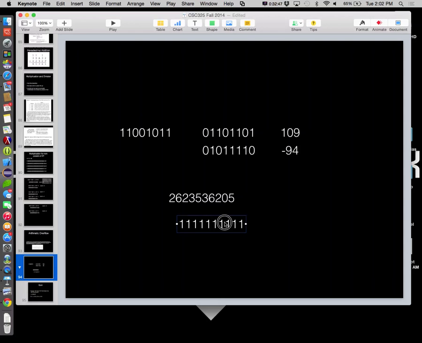That's the biggest number we can represent with a 10-bit number. This is the ones place, the twos place, the fours, the eights, the 16s, 32s, 64s, 128s, 256, 512.